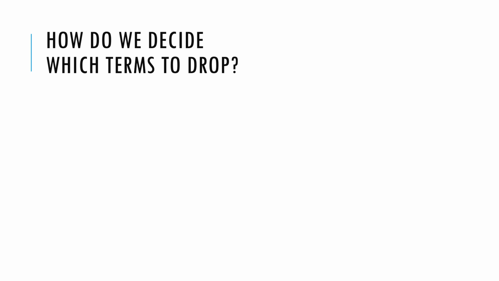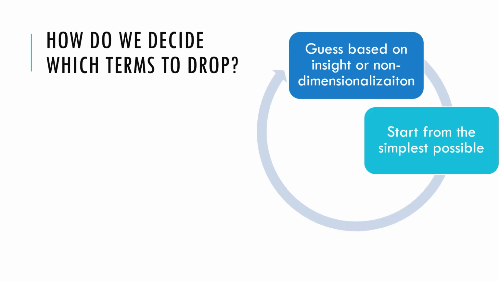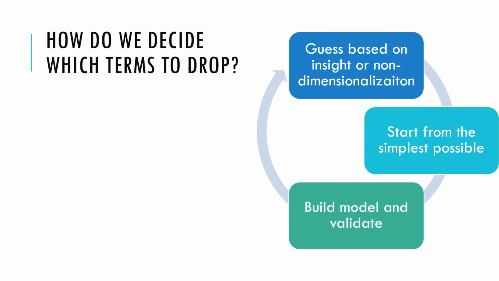So we start based on our preliminary understanding. It's just a guess based on our insight or non-dimensionalization, which is the kind of scale analysis that we talked about. So we just start from this and do the simplest possible model first, and then build this model and validate.